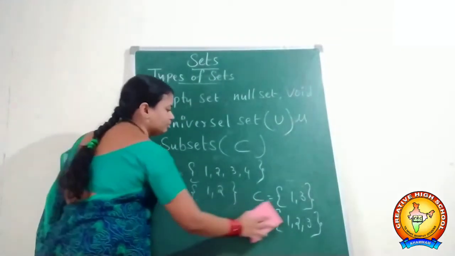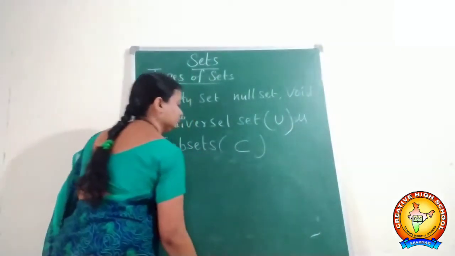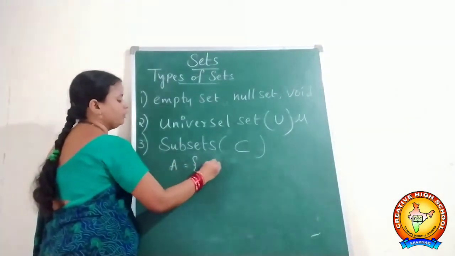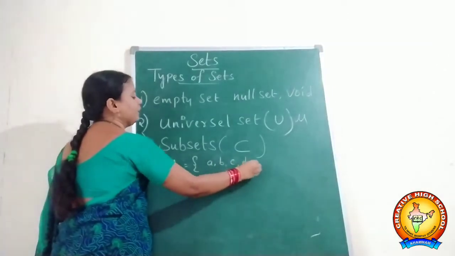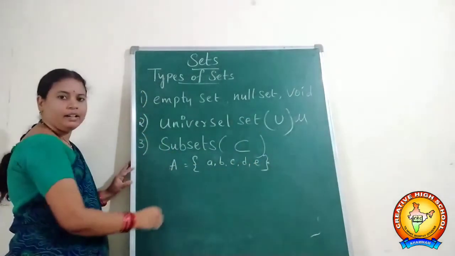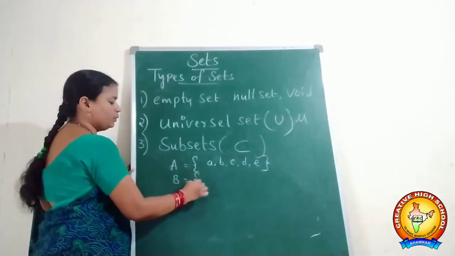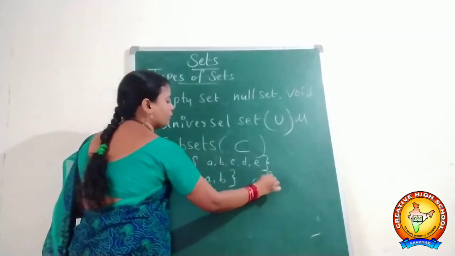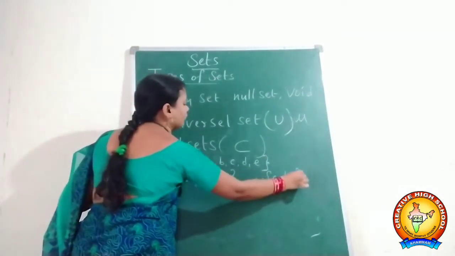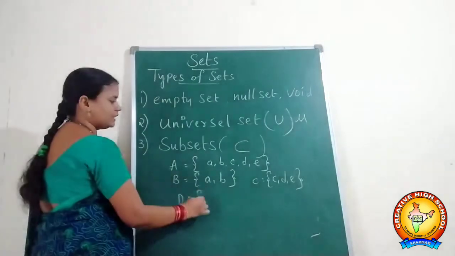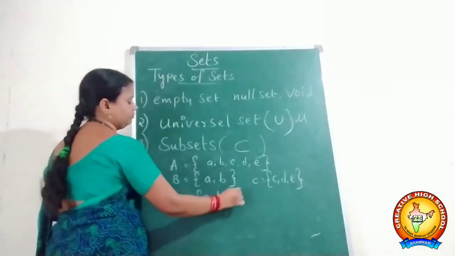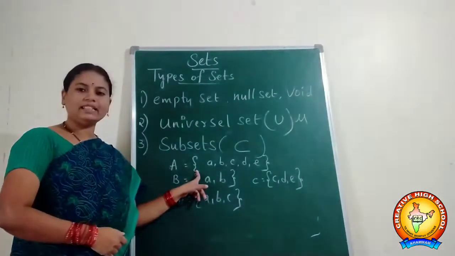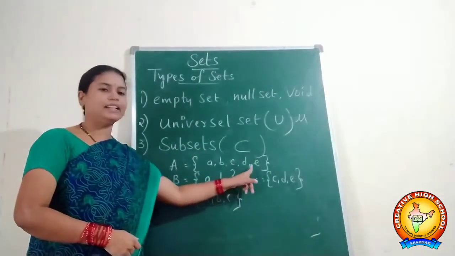Okay, let us see here. Set A is equal to A, B, C, D, E. And set B is equal to only A, B. Set C is equal to C, D, E. And set D is equal to A, B, C. If you observe, set A has A, B, C, D, E, 5 elements.